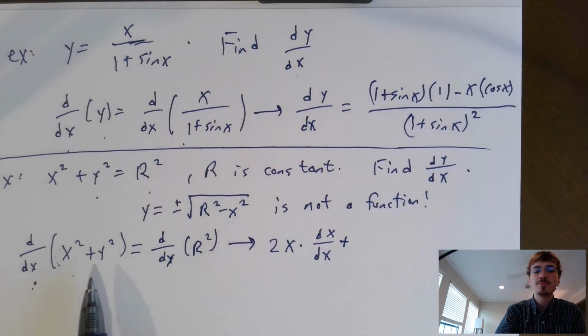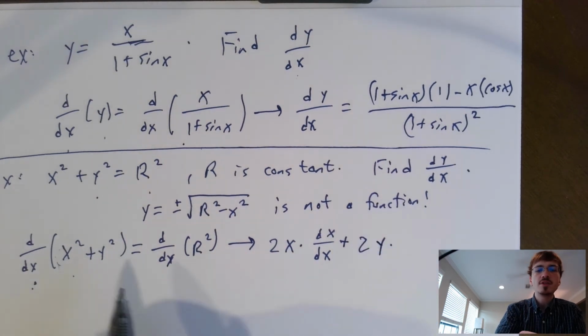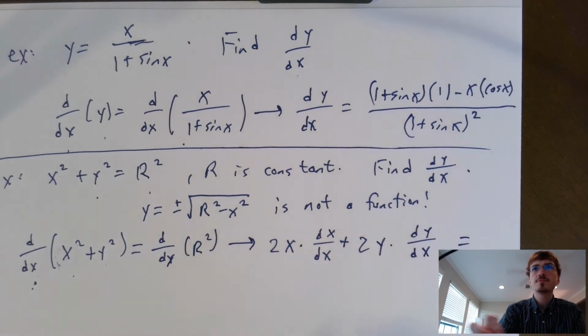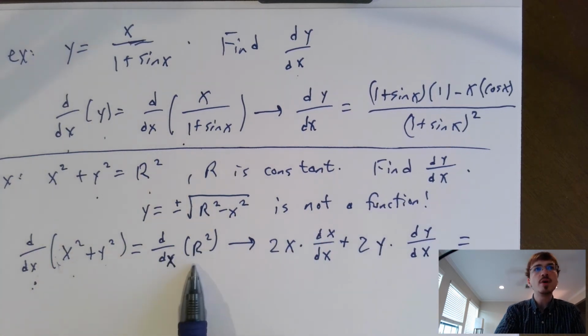But we'll see that this idea is exactly the same as what we're about to do in the next term. What's the derivative with respect to x of y squared? Well, what's the derivative of stuff squared? It's 2 times stuff, times the derivative of what's inside with respect to x, which is times dy/dx, equals, what's the derivative with respect to x of our constant r squared?